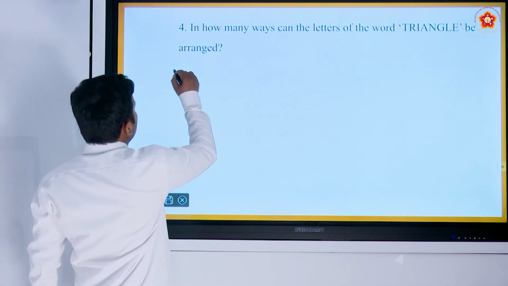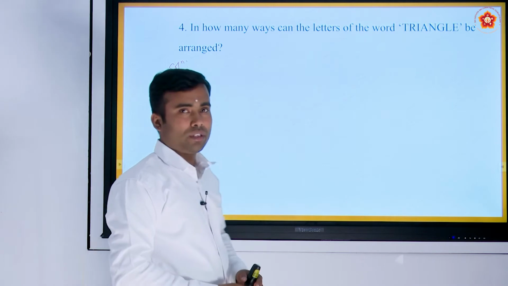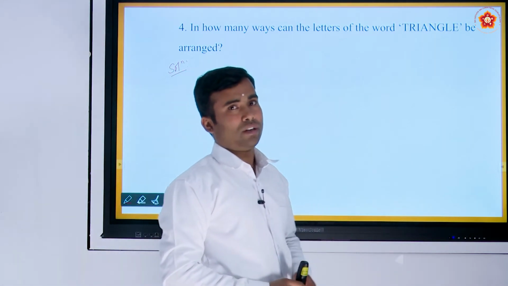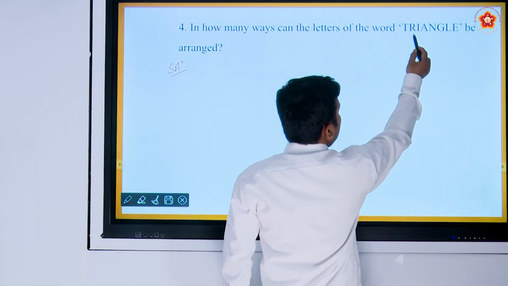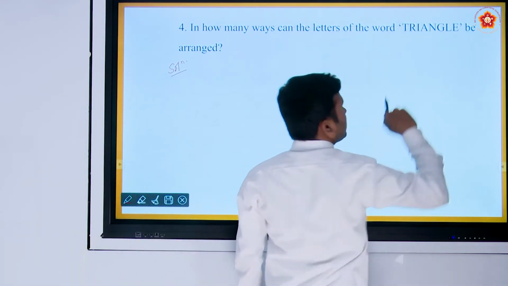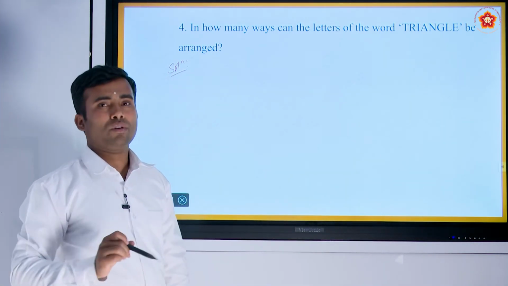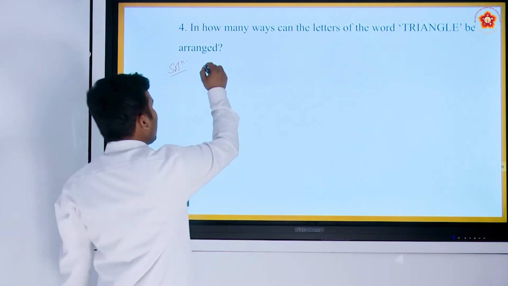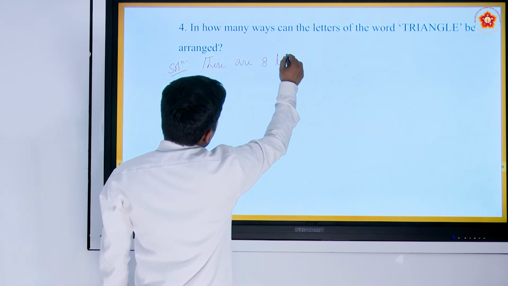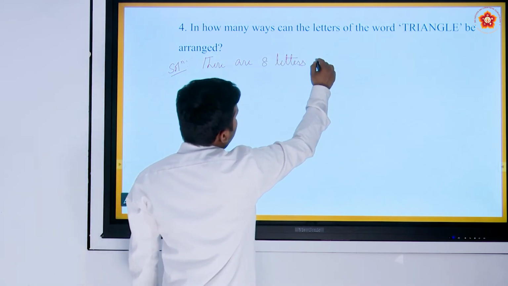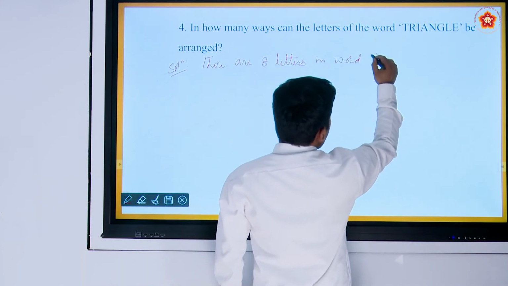To know the number of arrangements, first you have to count the number of letters in the word triangle. So here you can count 1, 2, 3, 4, 5, 6, 7, 8. There are 8 letters in the word triangle.